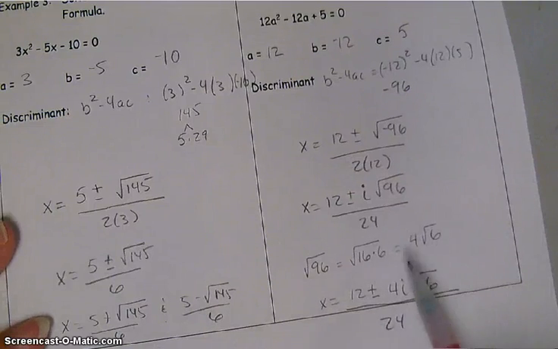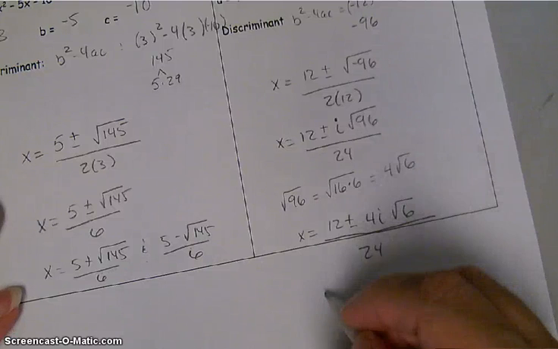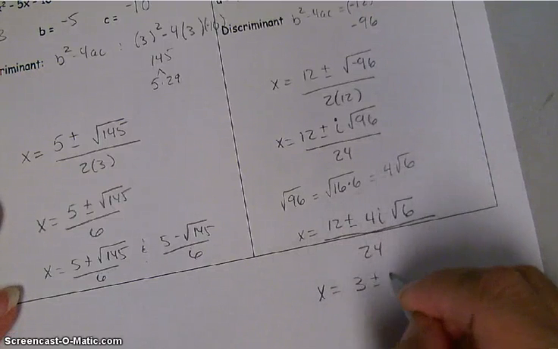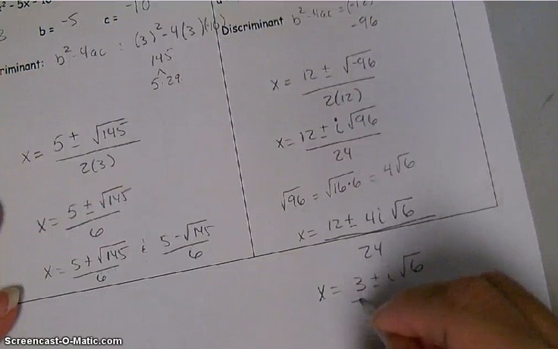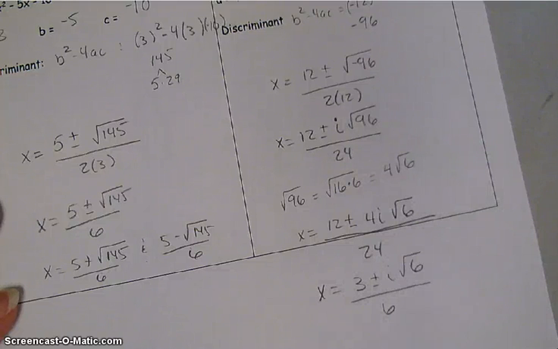Okay, so now notice that 12, 4, and 24 are all divisible by 4. So I have x equals 12 divided by 4 is 3, i radical 6, and then 24 divided by 4 would be 6. And that is my final answer.